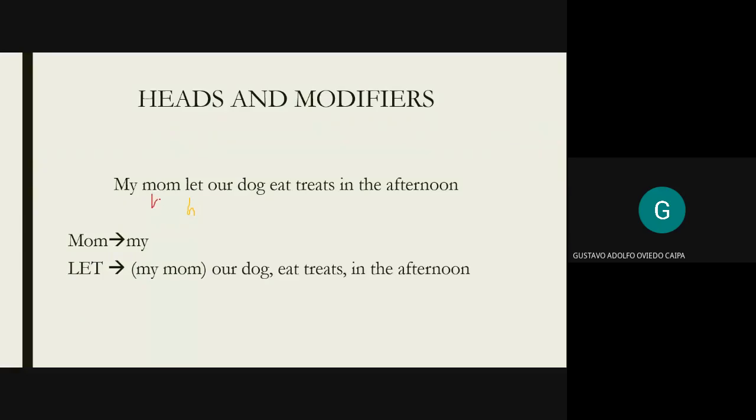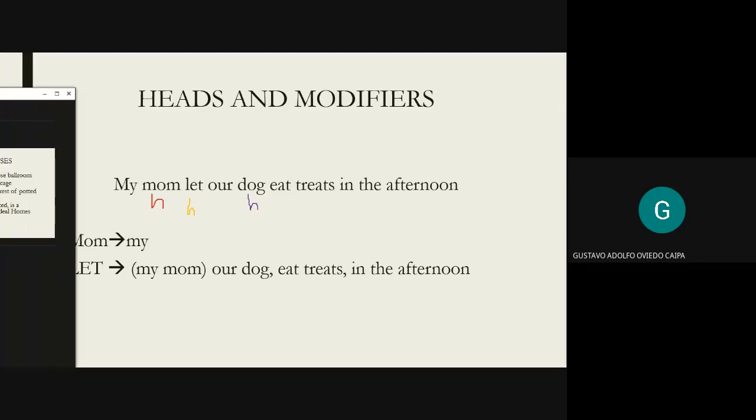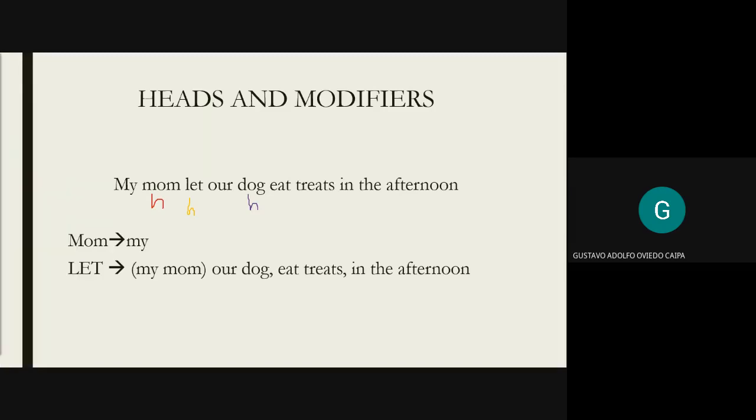Let's move on. Okay, we already said that this is a head. Let's go with a different color. Let's go with purple. You told me that dog is also a head. So tell me, what are the words in this sentence that are given information about dog, that are complementing or specifying dog?